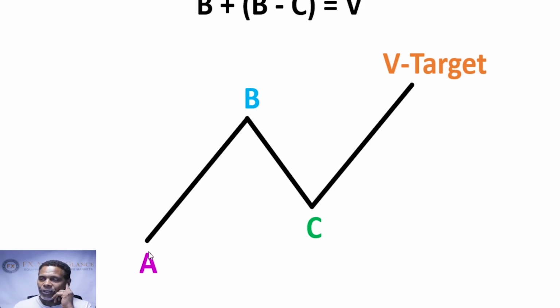And you find that target by taking B and adding B minus C. So whatever this BC leg is, suppose it's 50 pips, you add it to the top of this B, and that'll give you the target. All right. So you're going to be shooting for that target also. You get into a trade in this area, you know where you can shoot for.